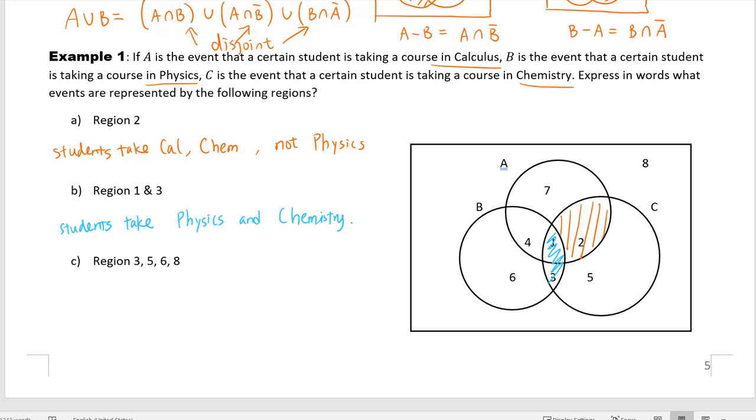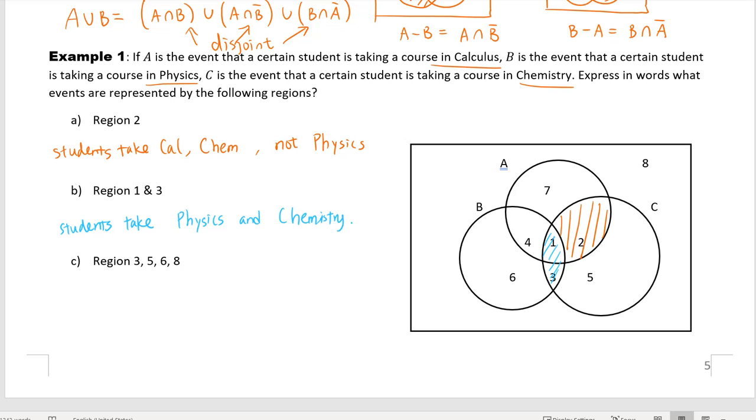Well, you might notice, how about A? We didn't mention A. Actually, we don't need to mention A because region 1 is the students who take B and C and A, and region 3 is in B and C but not in A. So when we combine them, some of the students take calculus, some of them don't. So you don't have to mention calculus. This piece, the blue region, is just B and C.